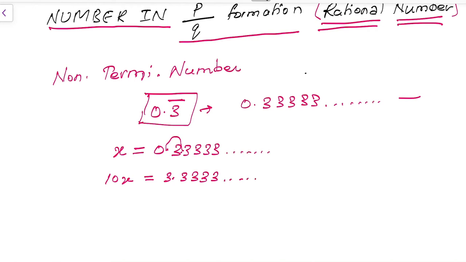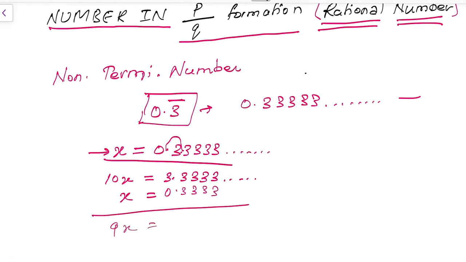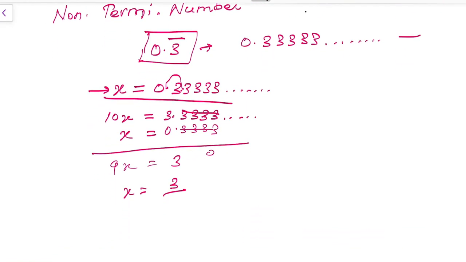Now we subtract x from 10x. Putting point below point, 10x minus x gives 9x, and 3.333 minus 0.333 gives 3.